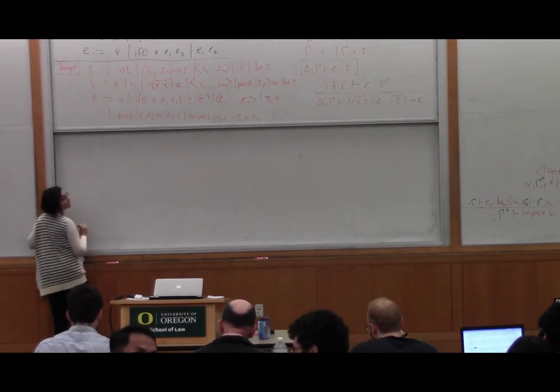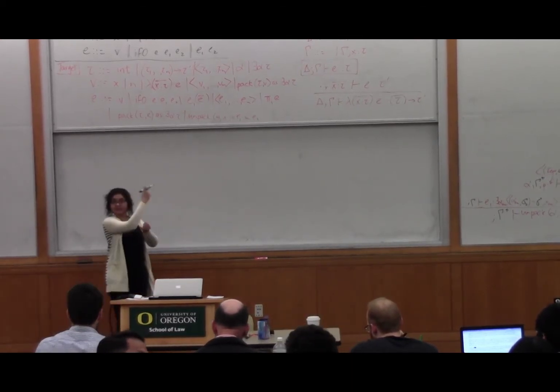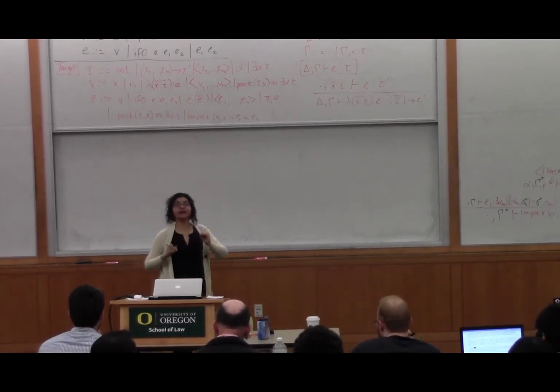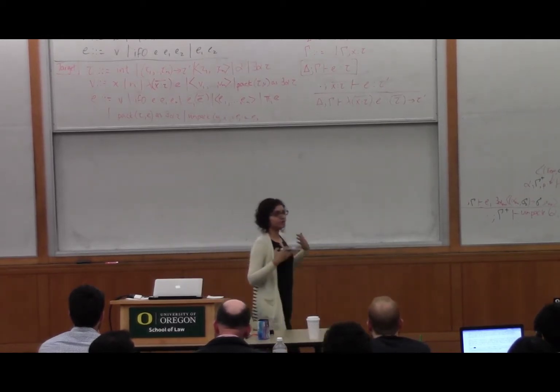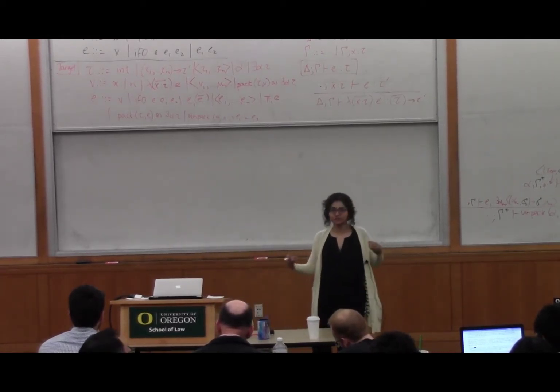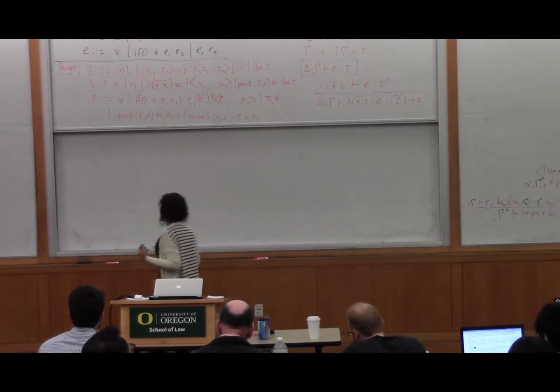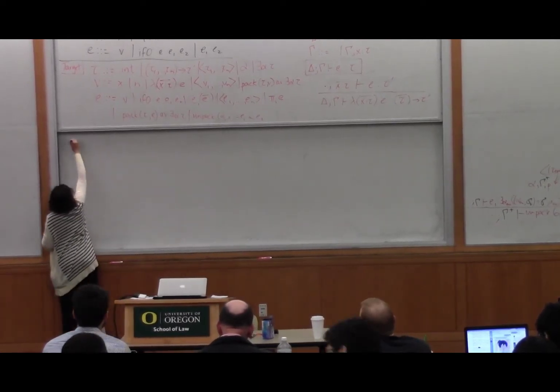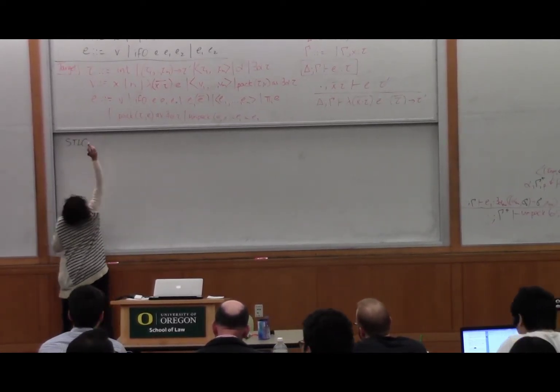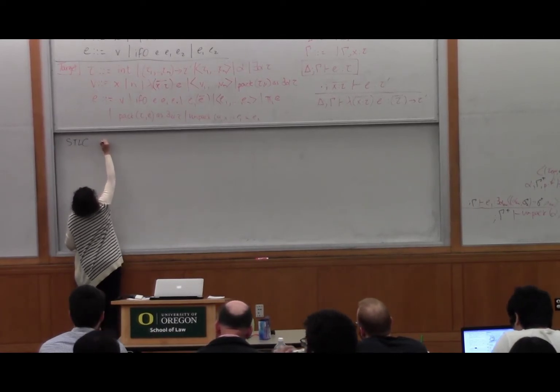Okay, so we're going to take simply typed lambda calculus, exactly the source language that's on the board, and I'm going to show you just the basic technique of logical relations and how we prove equivalence.